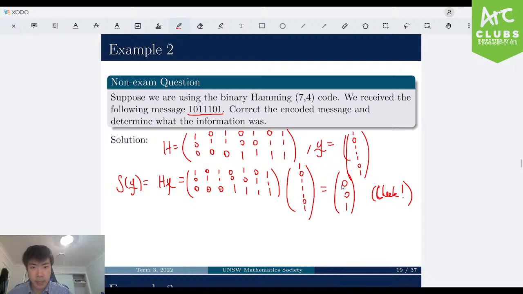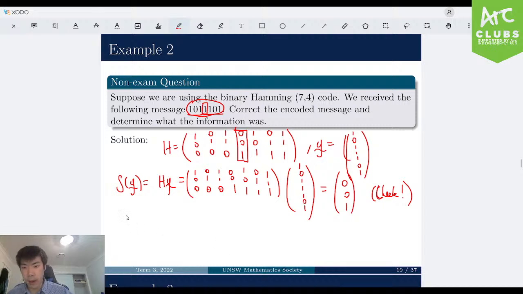But you end up getting 0, 0, 1, okay? And now we look back at our H matrix and see, oh, 0, 0, 1 is in the 4th position, right? It's the 4th column. And so we know that in our encoded message, the error must have existed right there, okay?